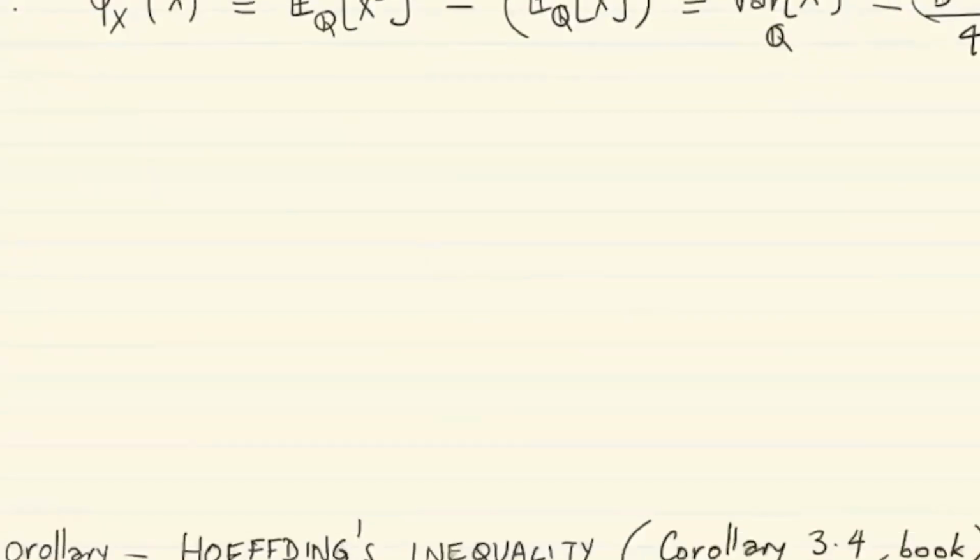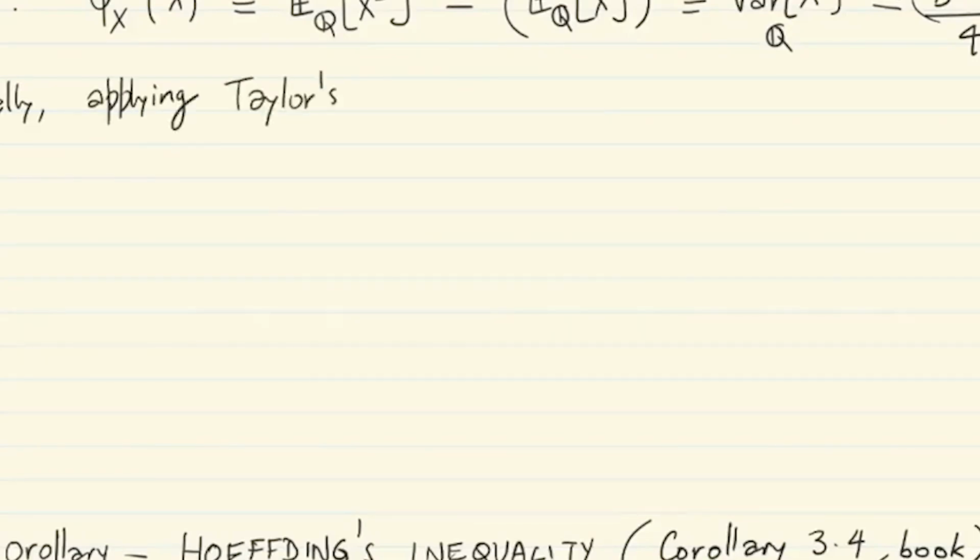So the last step here is to use, finally, applying the Taylor series formula, so Taylor's theorem in the remainder form will give us the following. It gives that for any lambda we have cx of lambda is equal to, let's expand this as a Taylor series about lambda equal to 0.